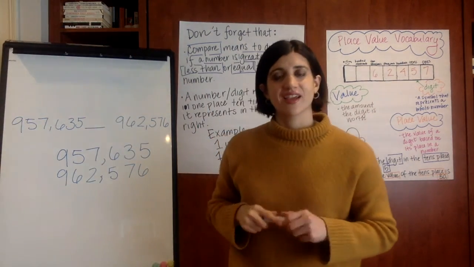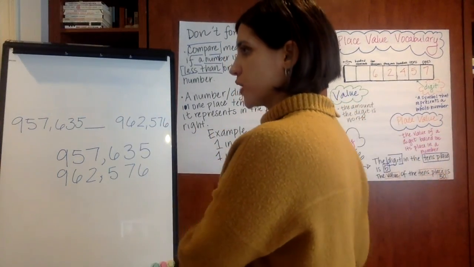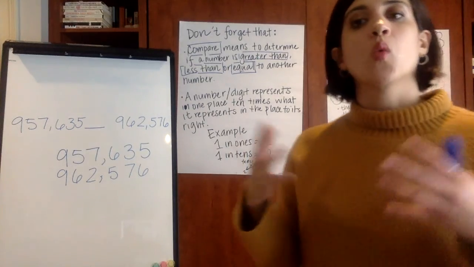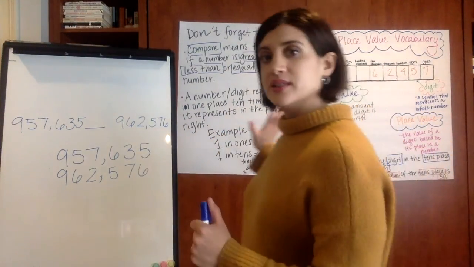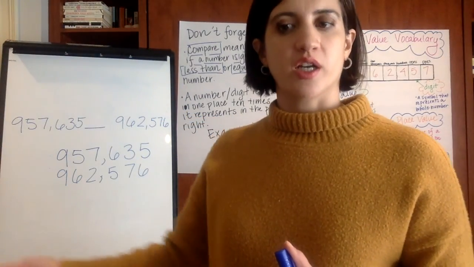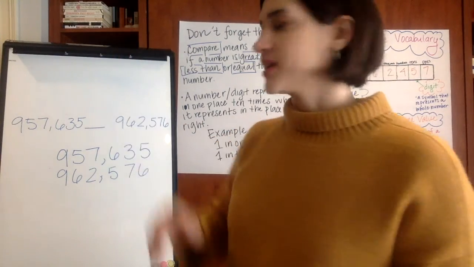The second thing I make sure to do is go from left to right when I'm looking at my digits. From left to right. Why do I do that? Because as we just talked about, the farther left a digit is in the place value chart, the bigger it is. Therefore, I start with my biggest numbers.